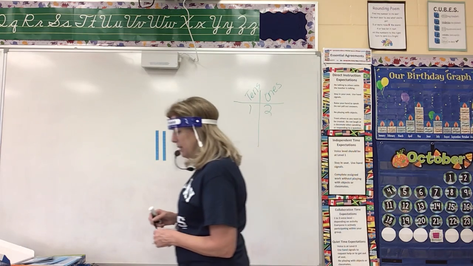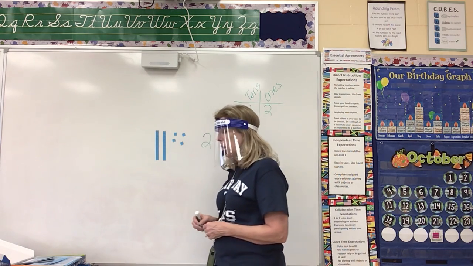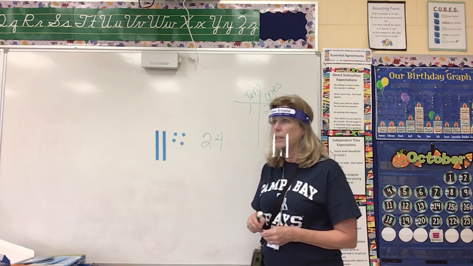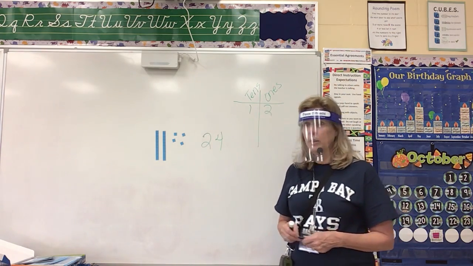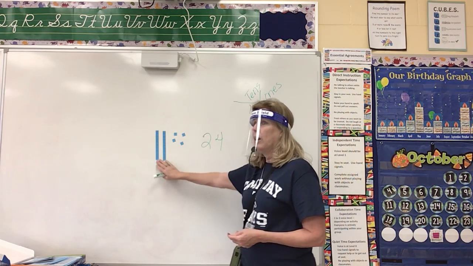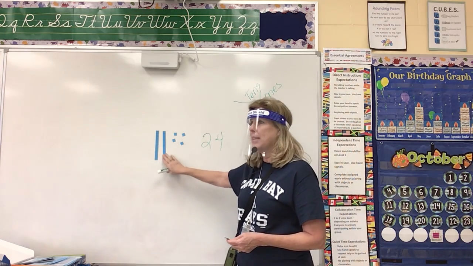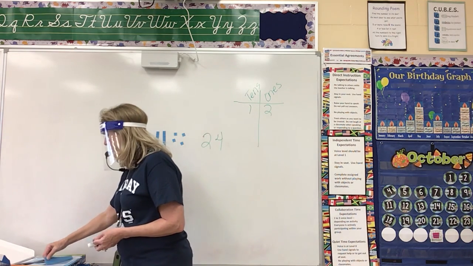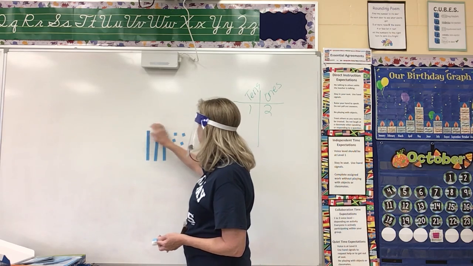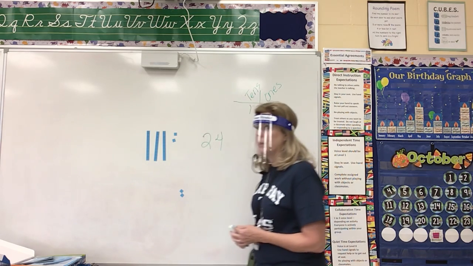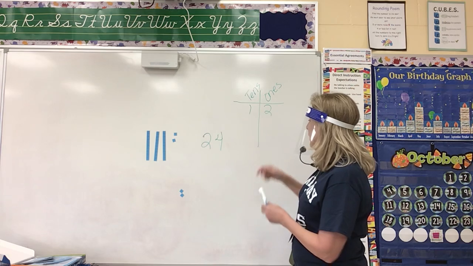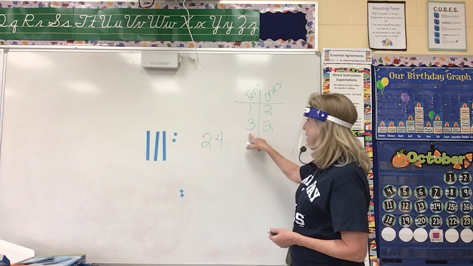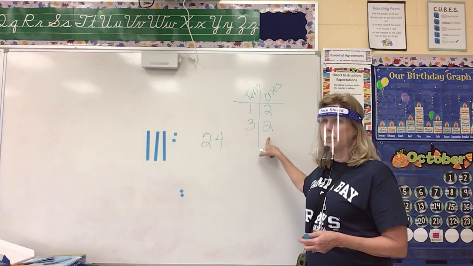So how many tennis balls were there in all? Charlotte? 32. So to show it with our base 10s, how many 10s would we need? Charlotte? 3. How many ones would we need? 2. Okay, 32, which in our column would be a 3 and a 2. 3 tens, 2 ones to give us 32.